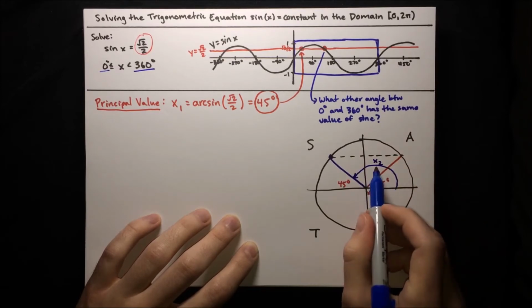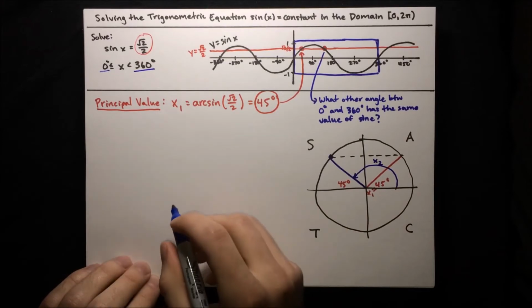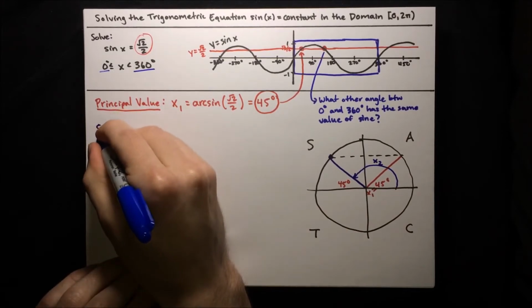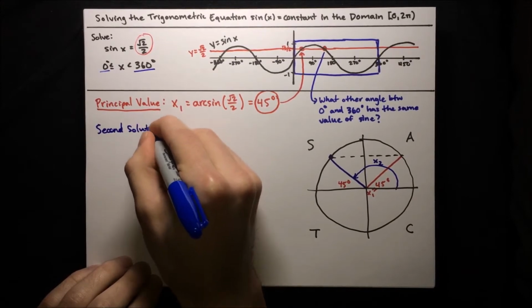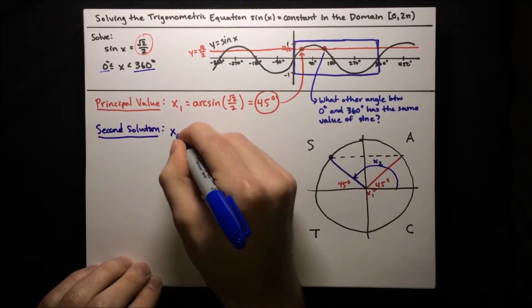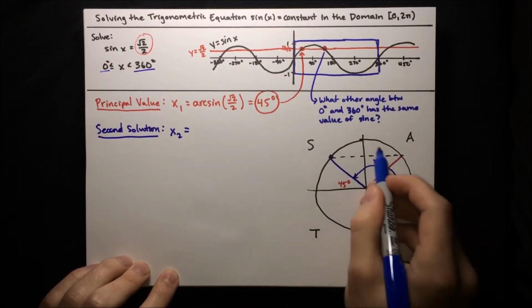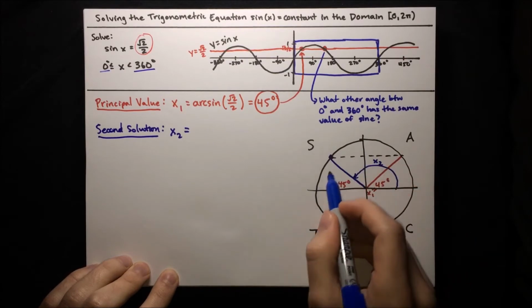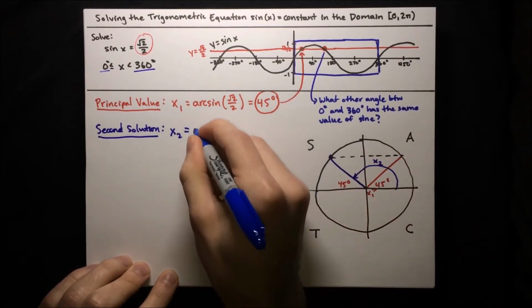So how do we find our x2 angle? Let's write it out over here. So this will be our second solution. And that second solution is that x2 equals what? Well, we know that all the way around to the x-axis again, all the way around from here to here, that's just 180 degrees.